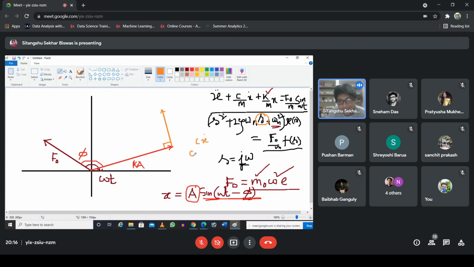That means c dx by dt, which is basically V, and we already know V is equal to R into omega. Here R is again the displacement x, so it will be represented by A. So the amplitude of this vector will be c omega A.